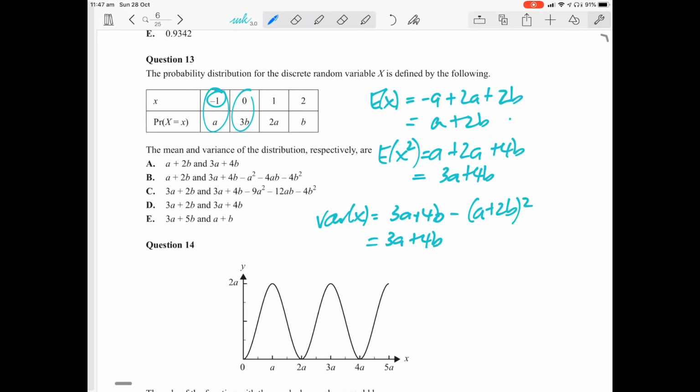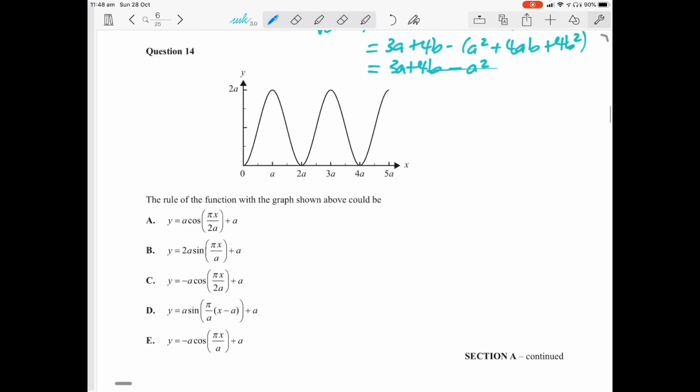That's 3a plus 4b minus a squared plus 4ab plus 4b squared, which is going to give us 3a plus 4b minus a squared. Okay, it's going to be that one, because it can't be that one, because we've got too much stuff left over. And it's just E of x, the mean is a plus 2b.